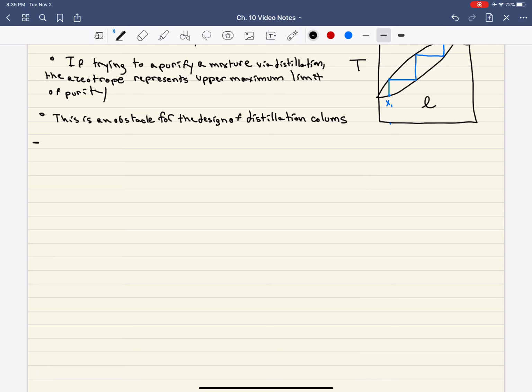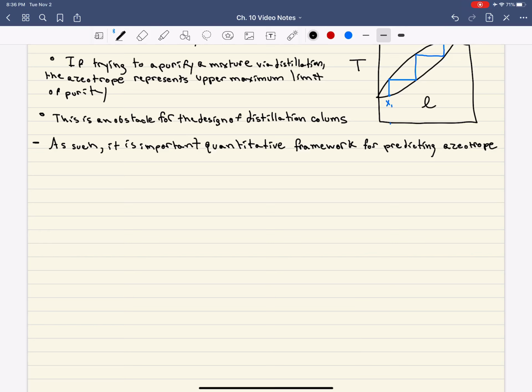And if you're very concerned about azeotropes forming in your mixture, then it's going to be very important to have some sort of quantitative framework for analyzing and predicting the formation of azeotropes.